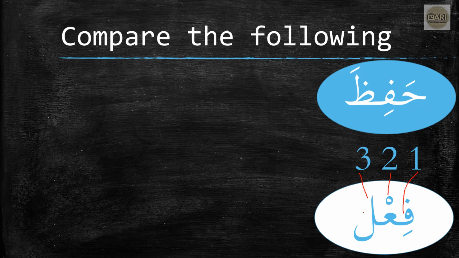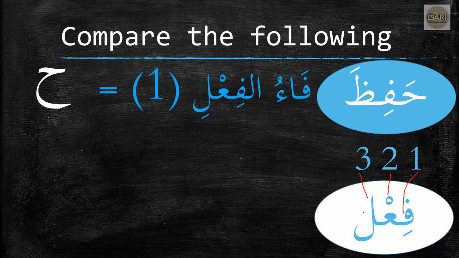And so fa for first. And so the very first letter of any 3-letter root verb, the very first radical, we refer to as the fa'ul fi'l. When we say fa'ul fi'l, we're basically saying the fa of the word fi'l, the fa of the verb.